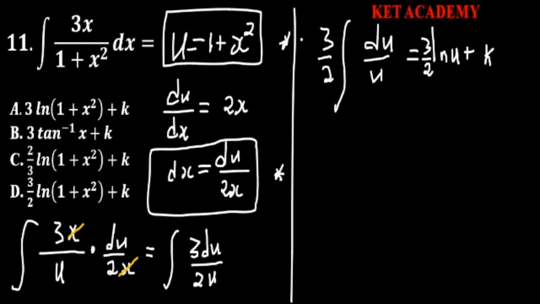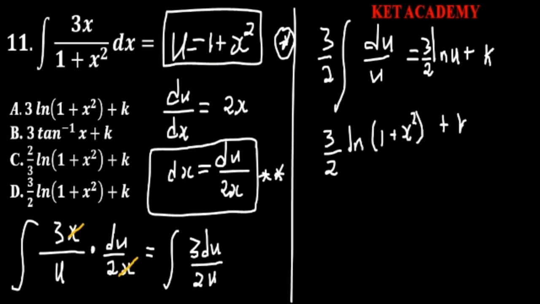But we know that from star, our u is 1 plus x squared. So I'm simply going to have 3 on 2, the ln of 1 plus x squared. Now plus our constant of integration k.